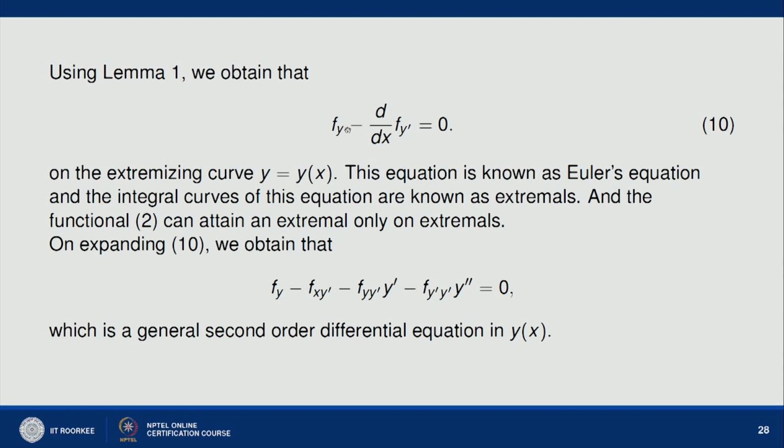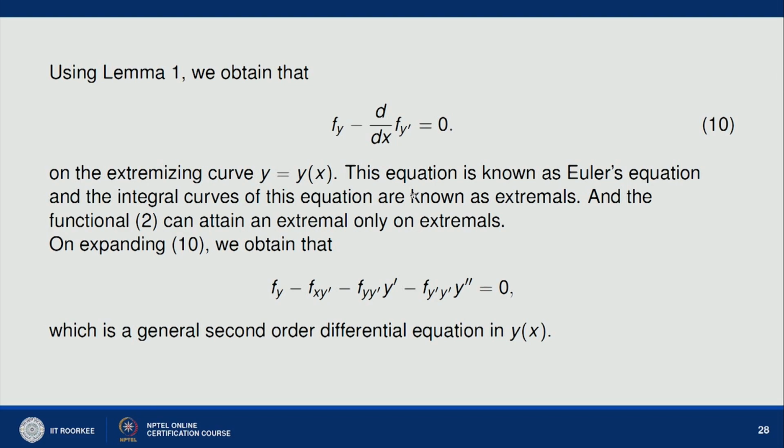If you simplify d/dx of f_y', then f_y' may be a function of x, y and y'. So I can write it as f_y minus f_xy' minus f_yy'y' minus f_y'y'y'' is equal to 0. So this Euler's equation is reduced to this second order differential equation in terms of y''(x).